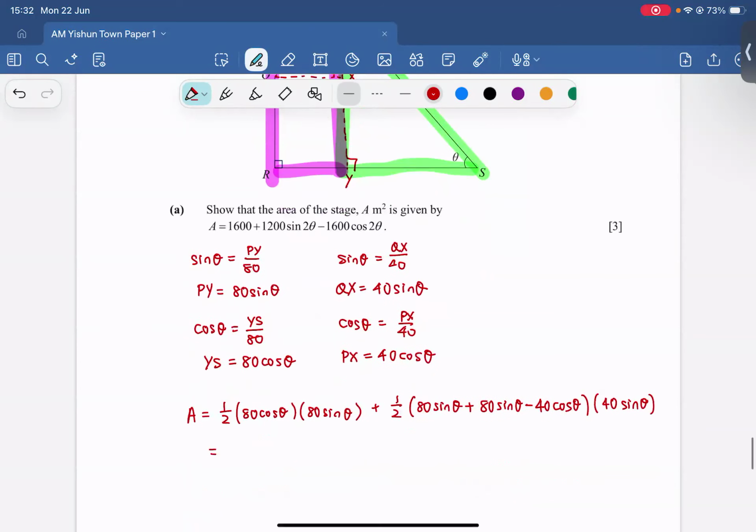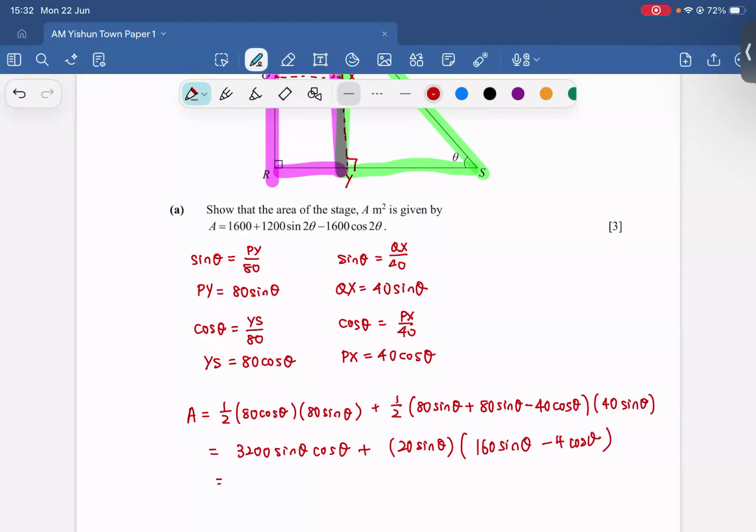Okay, so this part will be 3200 sine theta cos theta. This part will be 20 sine theta. And this part, simplify first: 160 sine theta minus 40 cos theta. Okay, expand.